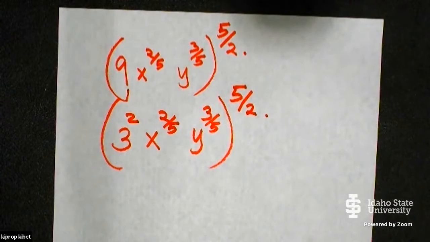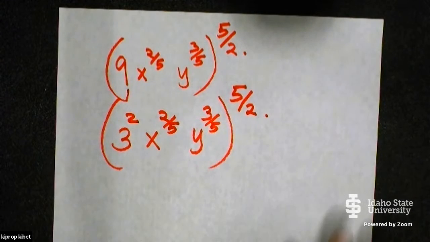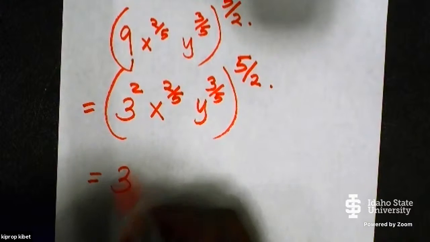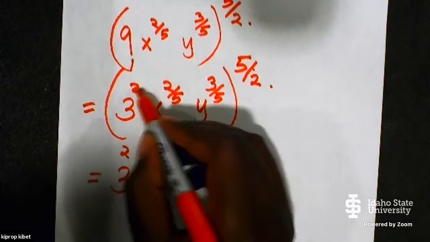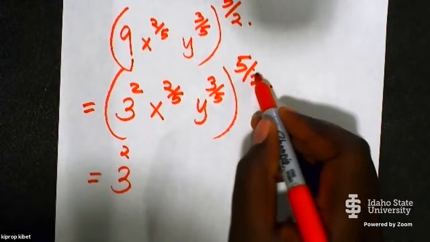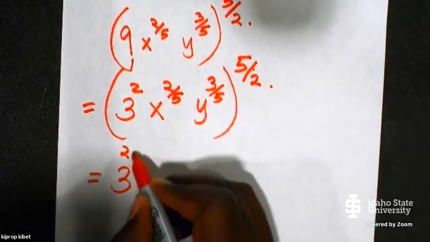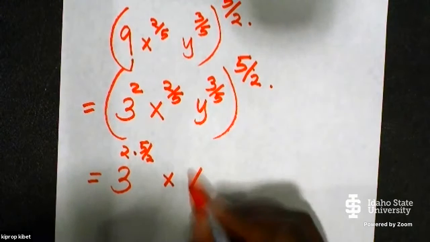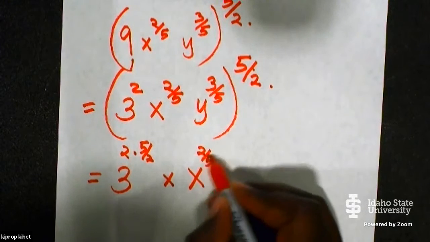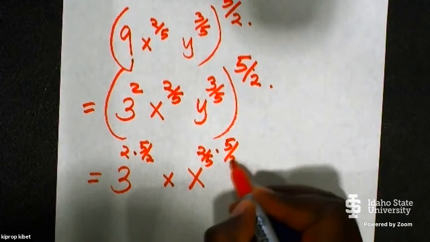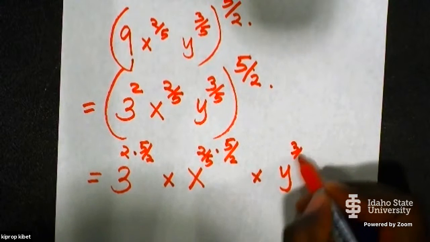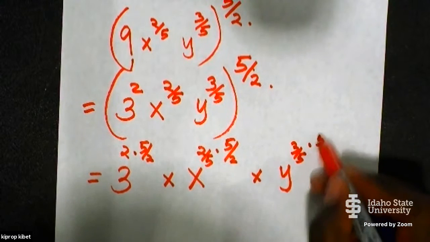Now, using the power property, this is also equal to 3 raised to 2. You multiply each power by what? 5 over 2. So 3 raised to 2 times 5 over 2, times x raised to 2 over 5 times 5 all over 2, times y raised to 3 over 5 times 5 all over 2.